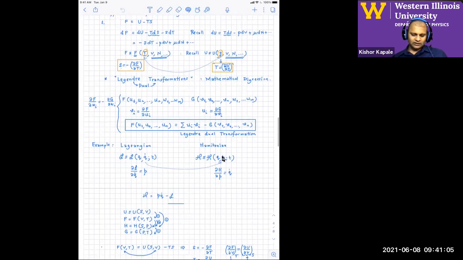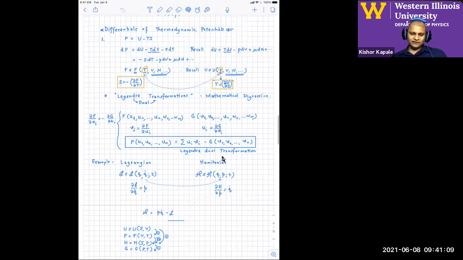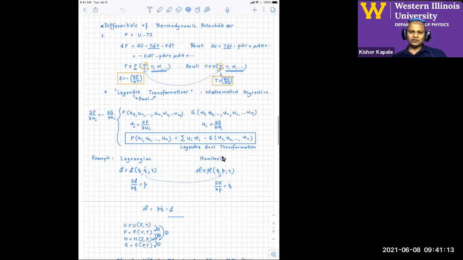And then once you have these differentials figured out for the thermodynamic potentials, you can use the analyticity, meaning those are well-behaved functions. So the second order partial derivatives of F with respect to, let's say, S and T should be the same as... let's see, I think S and T are bad variables to choose from.